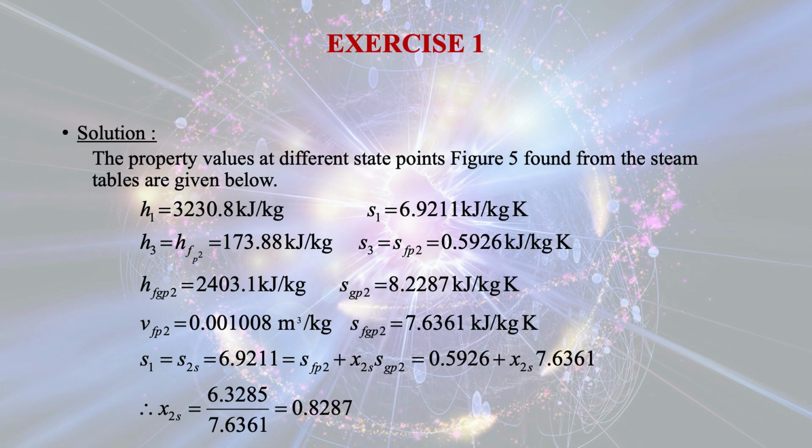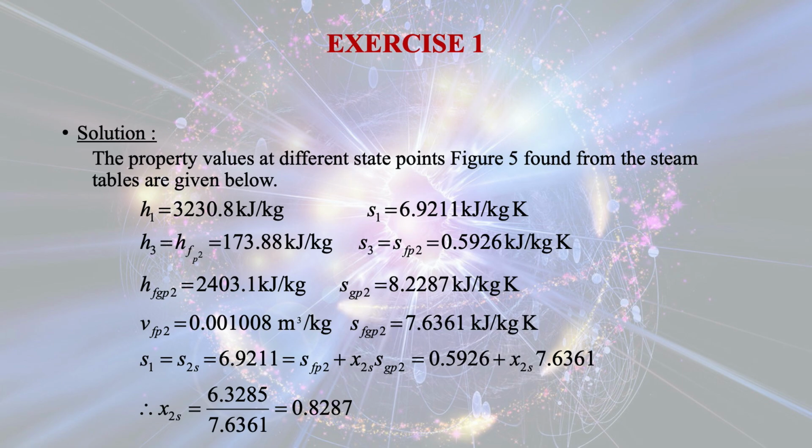Before entering the turbine, the steam was superheated; the pressure and superheated temperature are given. So we can get the enthalpy at state 1, that is H1, from the steam table, and here the value of H1 for this particular pressure and temperature is 3230.8 kilojoule per kg. The entropy at point 1, that is S1, is equal to 6.922 kilojoule per kg K.